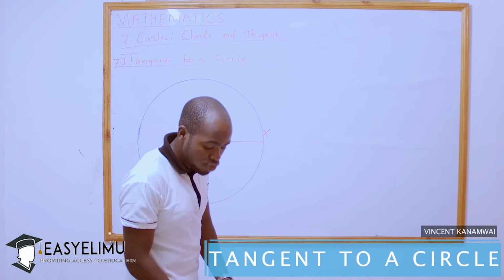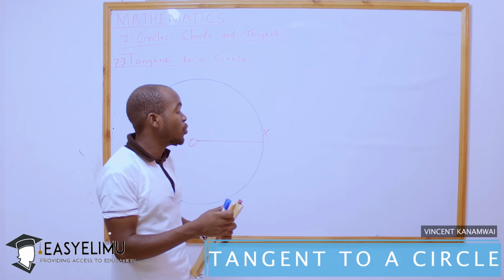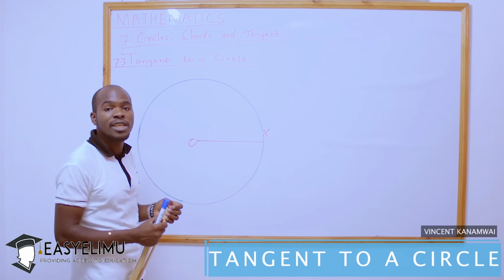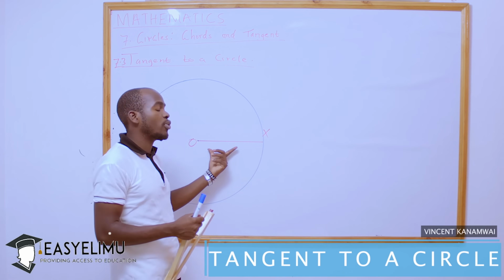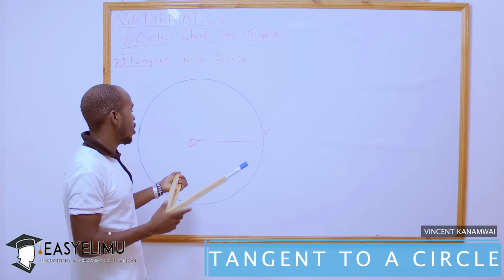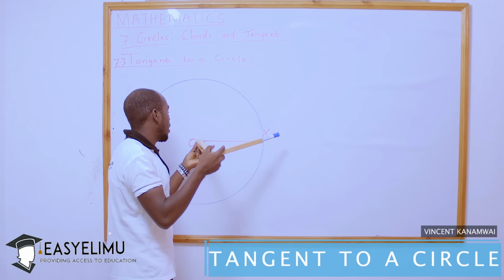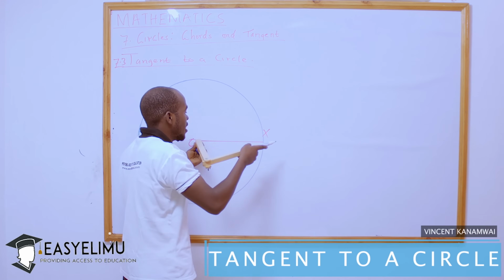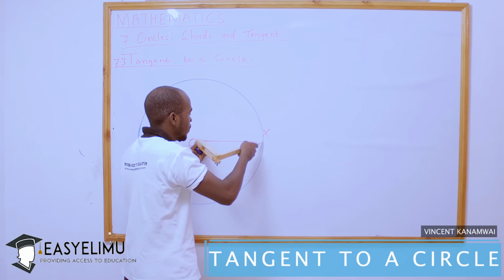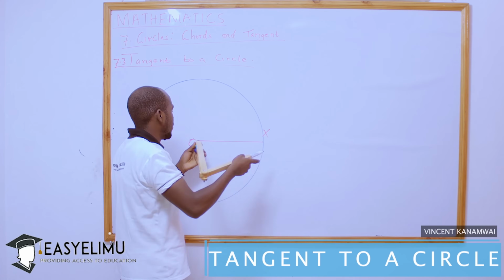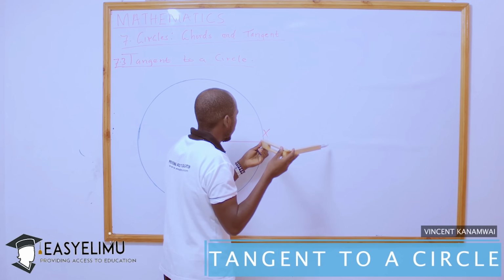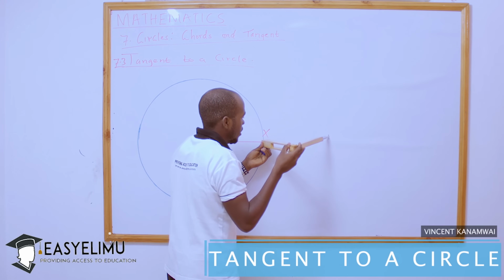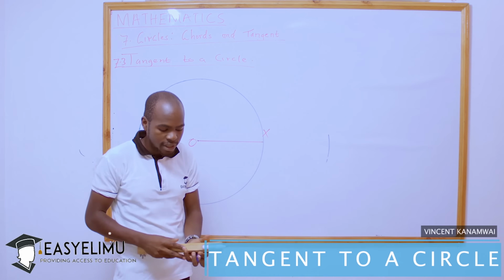If we produce OX, it means we are going to produce a line of the same length as our OX in order to find that exact length. So I will still take the radius which I used. That is my radius there. I'll give an arc like that.